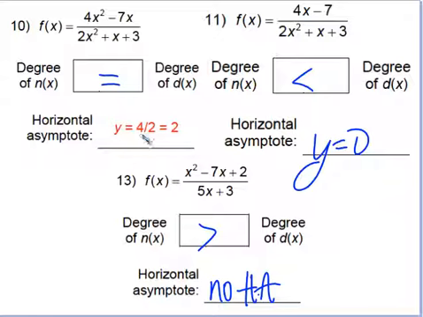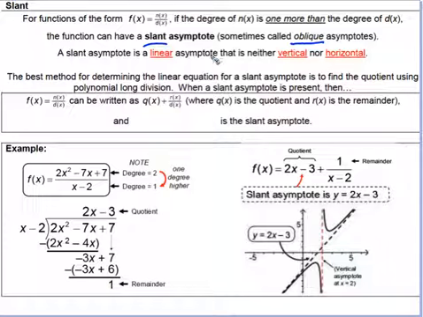So notice for this one, we took the 4, the leading coefficient of the numerator, divided by the 2, the leading coefficient of the denominator, and we just got 2. Okay, here you don't have to do any math, it's just y equals 0, and then here we have no horizontal asymptote.